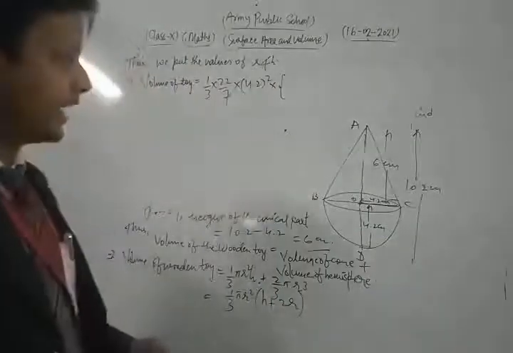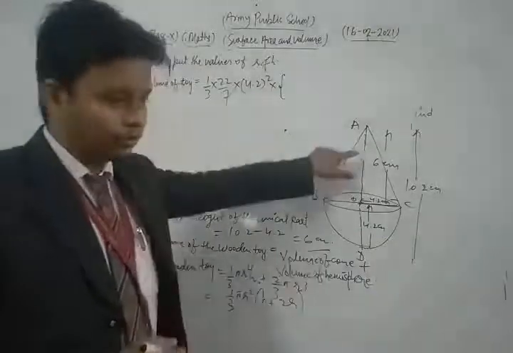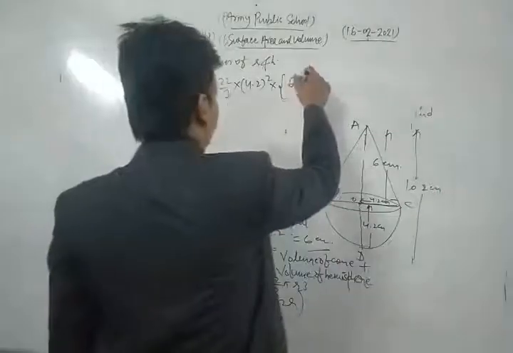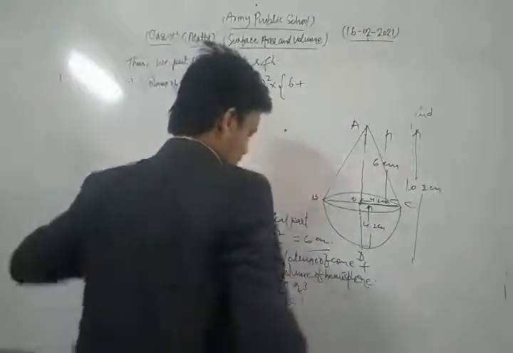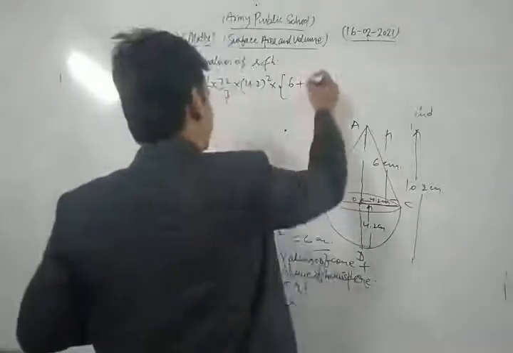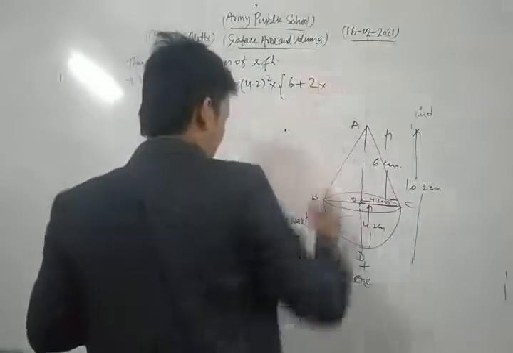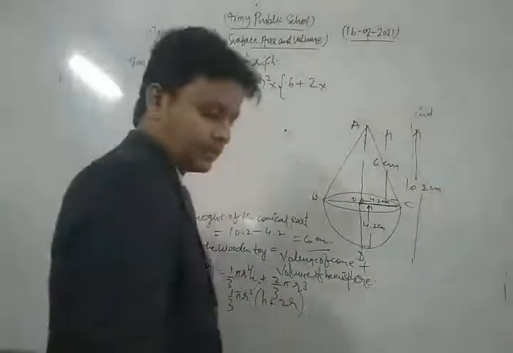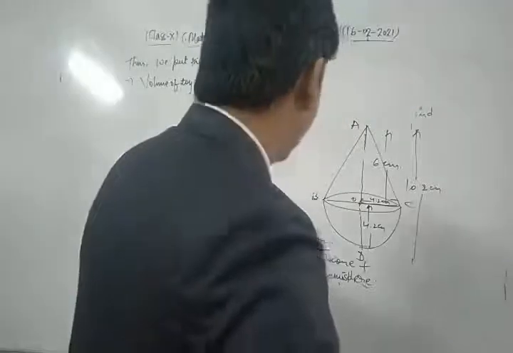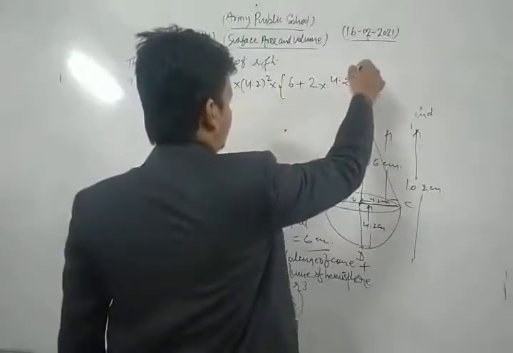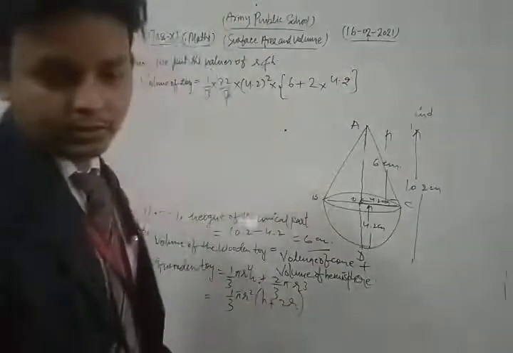The h is the height of the cone, and according to the figure the height of the cone is 6. So here we put 6 plus 2 into r, the radius of the cone, which is 4.2.